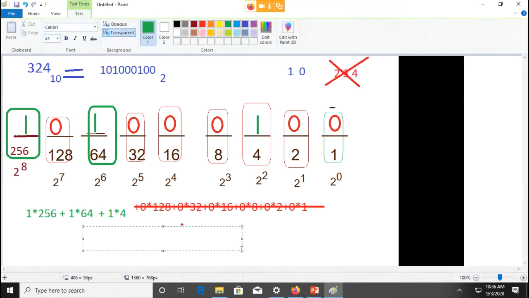So we're adding 256 plus 64 plus an extra 4, and that should give us then 324 base 10. Put an equal sign here.